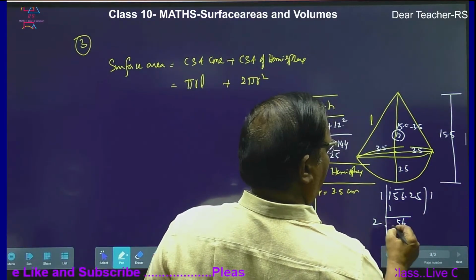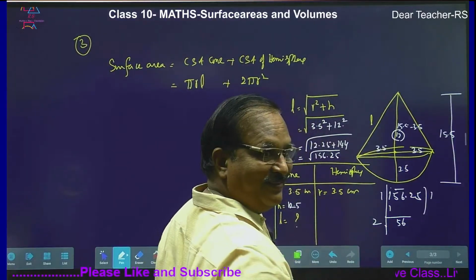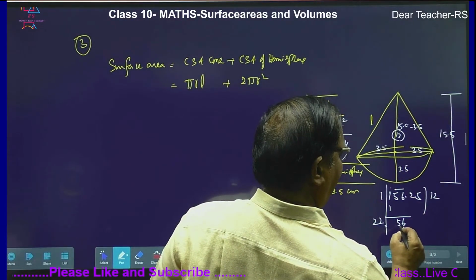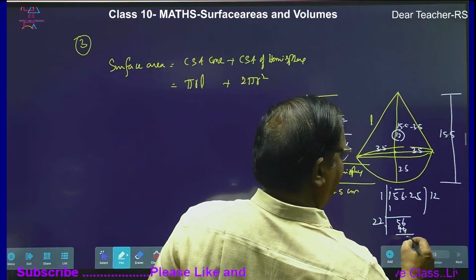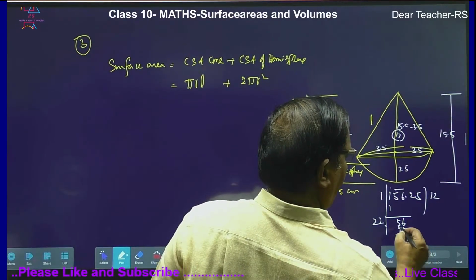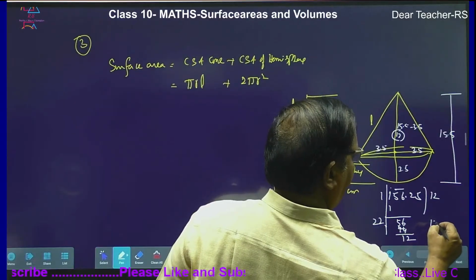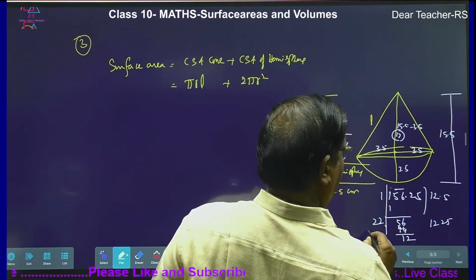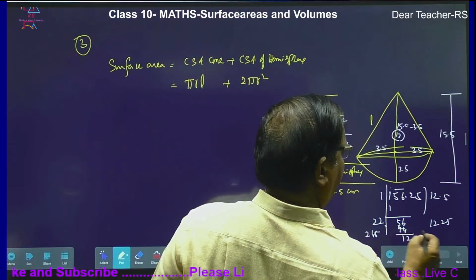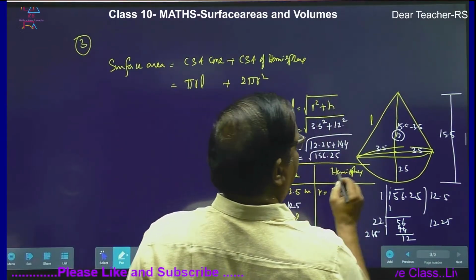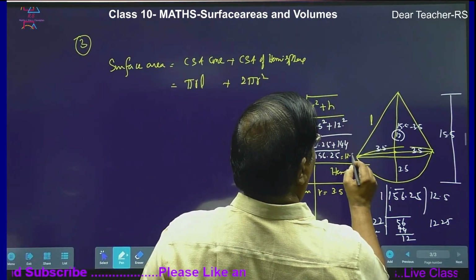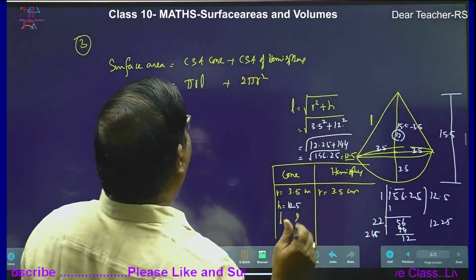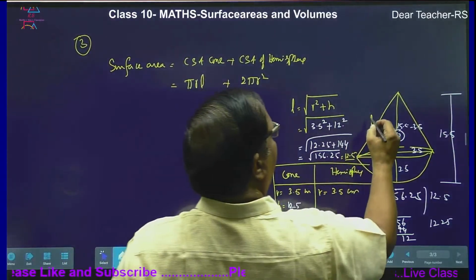You should know how to find a square root also. 12.5 squared gives 156.25. So L is equal to 12.5.